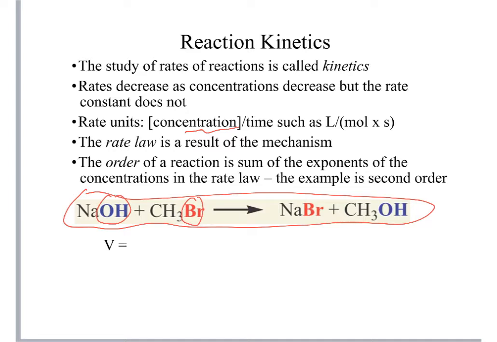Since we have a methyl bromide, which will not form a carbocation, this will be SN2 type of reaction. So our rate will be proportionality constant times the concentration of the alkyl halide, in our case methyl bromide, times the concentration of the nucleophile, in our case base, sodium hydroxide. So second order kinetics.